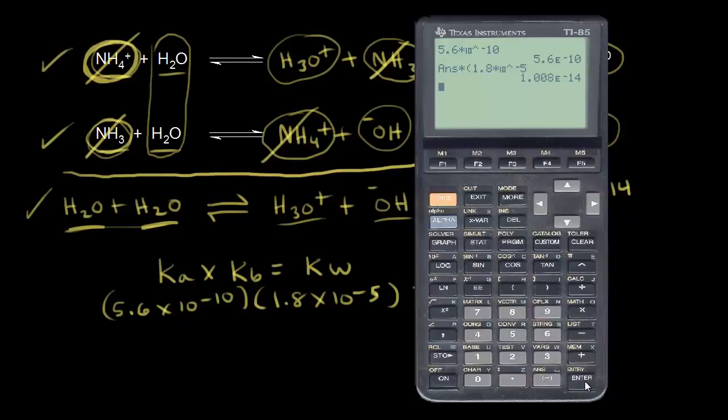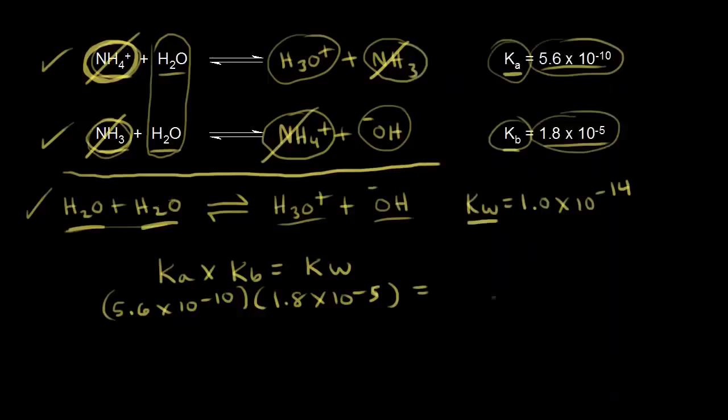And we get 1.0 times 10 to the negative 14, which is our value for Kw. So when you add reactions together to get a net reaction, you multiply the equilibrium constants to get the equilibrium constant for the net reaction, which in this case is Kw for the autoionization of water.